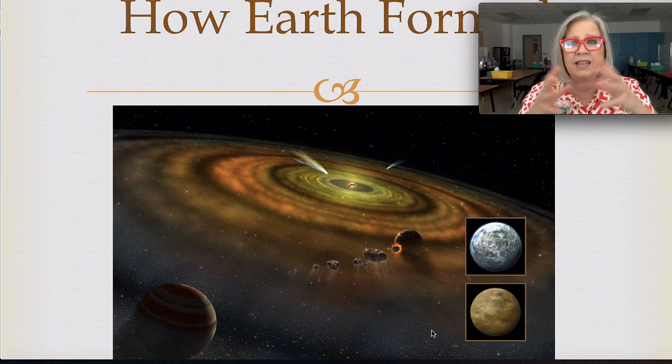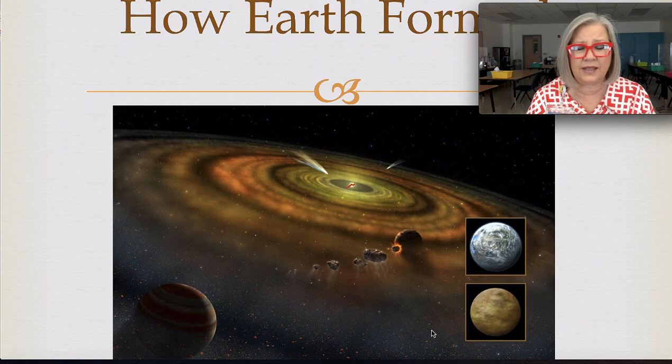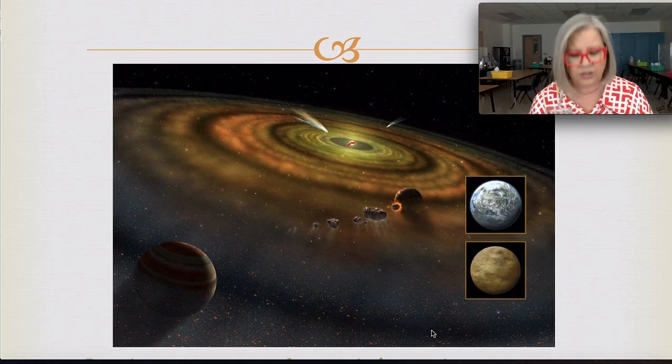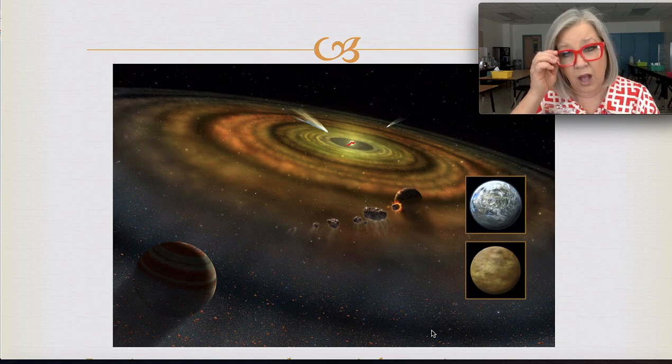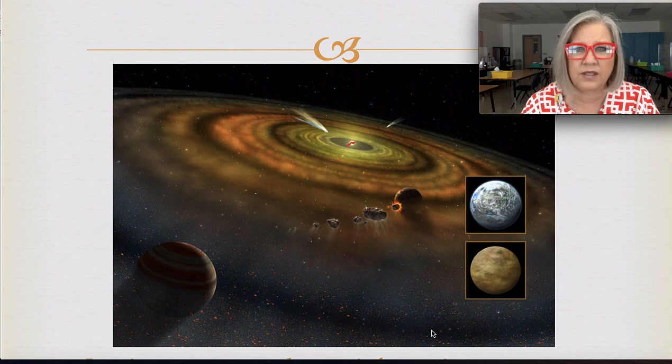As things blew away, they started to cool down, and then they started to coalesce into the planets that we have today. This is an early picture of what the early solar system looked like, just a representation. You'll see there are lots and lots of comets, lots of dust, and lots of particles, meteors and asteroids that could hit the Earth.